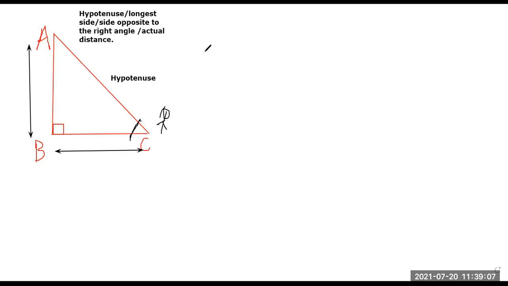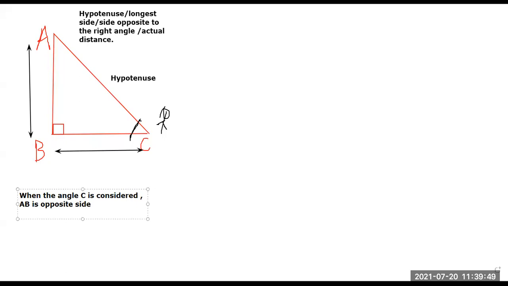Now, when angle C is considered, what do we call AB? For angle C, AB is the opposite side. Look at where AB is and where BC is.